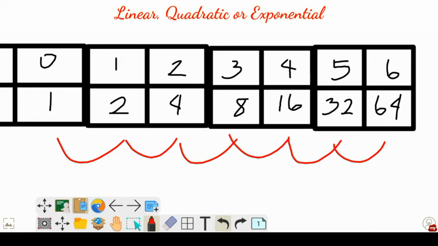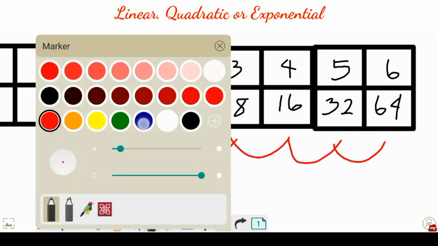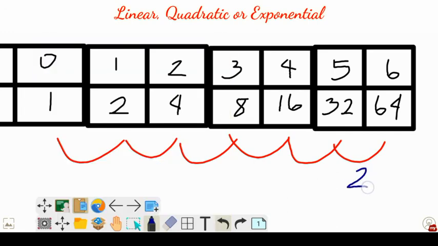Mapapansin nyo na ang 64 divided by 32 is equivalent to positive 2. And ang 32 divided by 16 is equivalent to positive 2. And 16 divided by 8 is equivalent to positive 2. 8 divided by 4 is equivalent to positive 2, and 4 divided by 2 is equivalent to positive 2, and 2 divided by 1 is equivalent to positive 2.